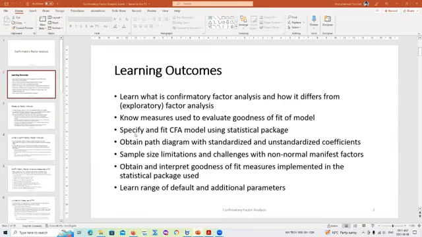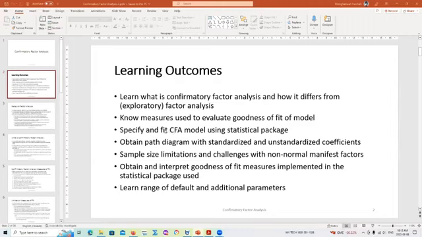So one of the things we are going to do is specify and fit the model. I think this is sometimes one of the challenging aspects: when you define what you want, how to write it into a conceptual model. When I look at what a lot of people have done in the literature, you start by sketching what you want in a graph, in a path diagram, for example, and then you try to translate that into your model, whatever software you are using.